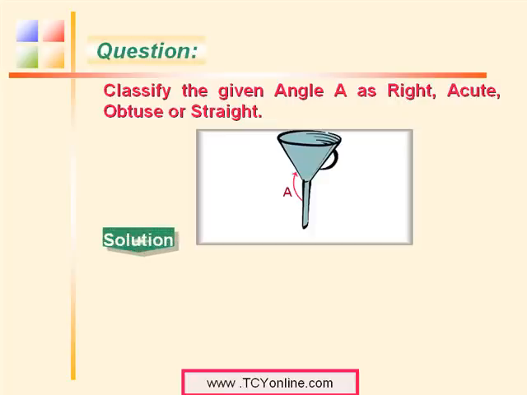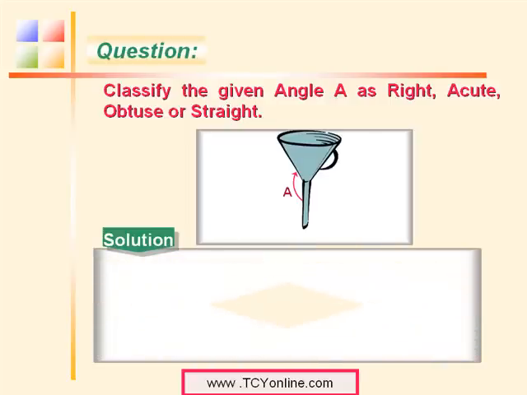Neither is it a right angle because it is not making a measure equal to 90 degrees. And it appears to be more than 90 degrees. So that means simply this is an obtuse angle.